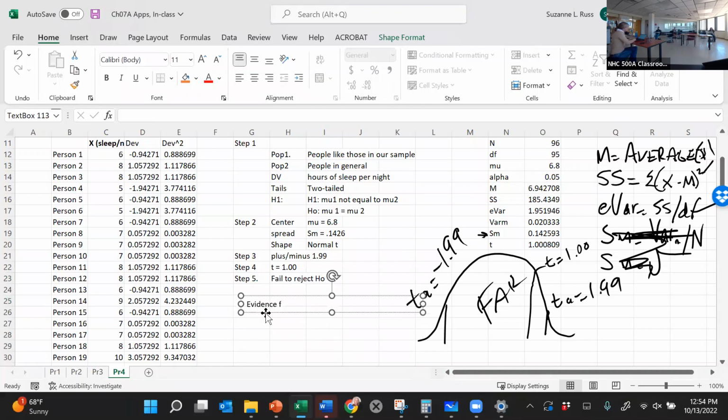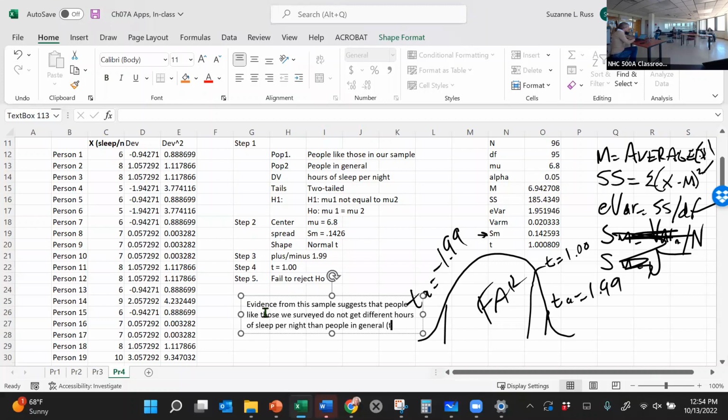Evidence from this sample suggests that people like those we surveyed do not get, how should we put this, different hours of sleep per night than people in general.